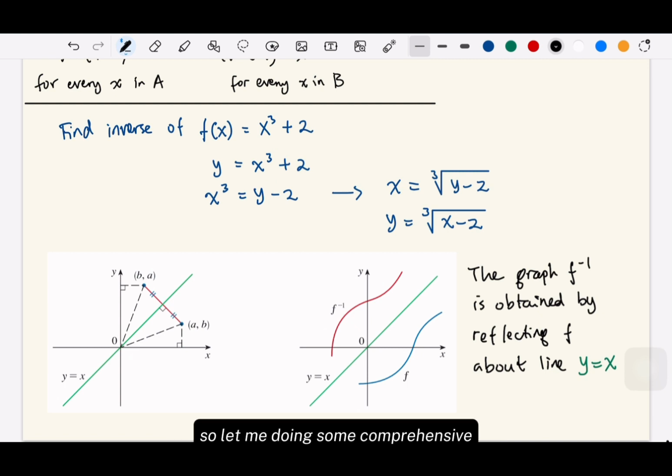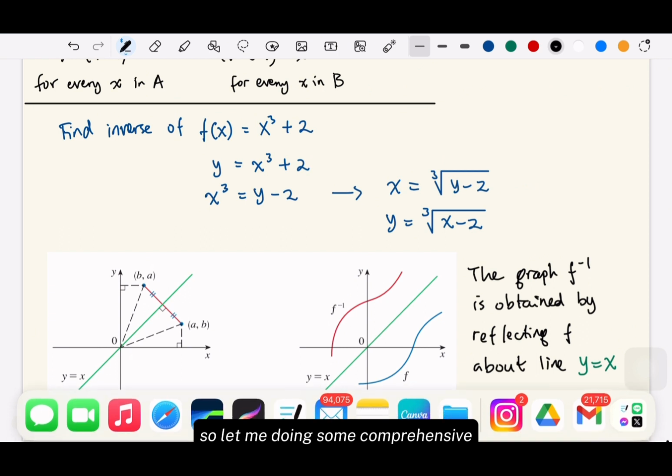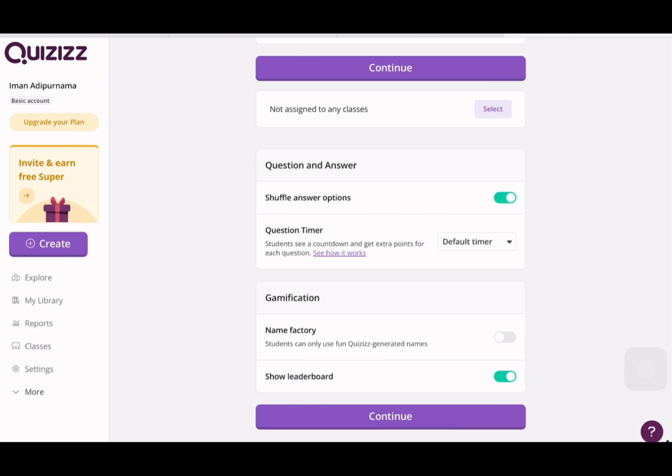Okay. So let me do some, not comprehensive, just a few tasks.